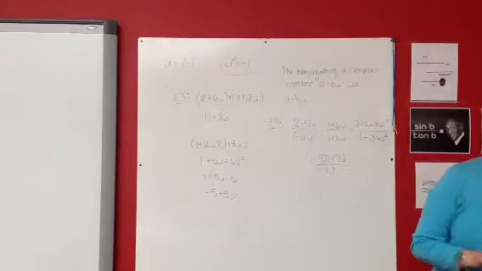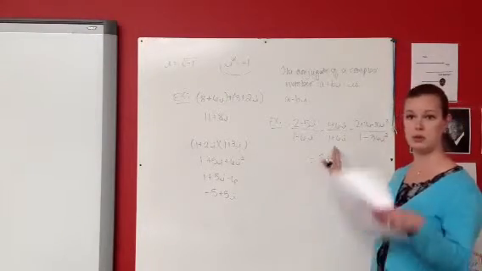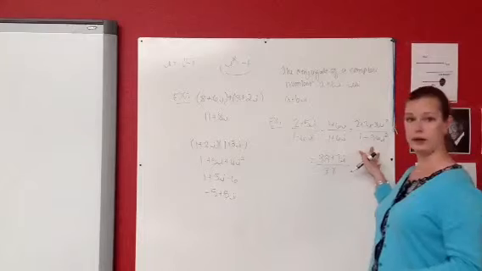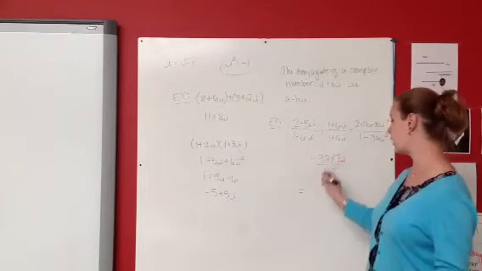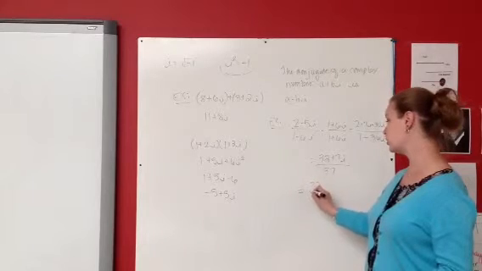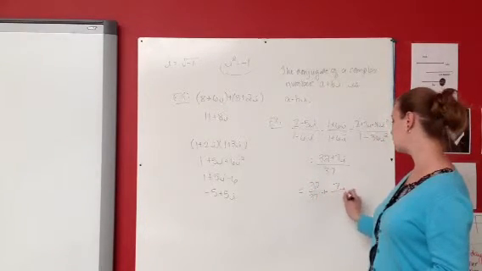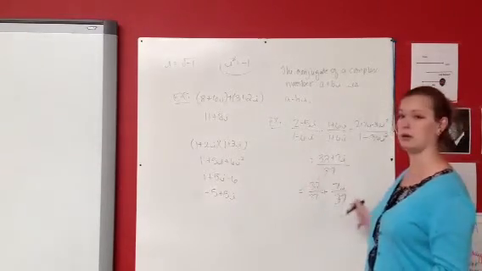Now, again, it's pretty typical to break complex numbers up into a real part and an imaginary part. So I'm sure you can follow all this. This is pretty simple. But the last step would then be to say, okay, well, the real part is actually 32 37ths. The imaginary part would be 7i divided by 37. So make sure you have a real part and an imaginary part.